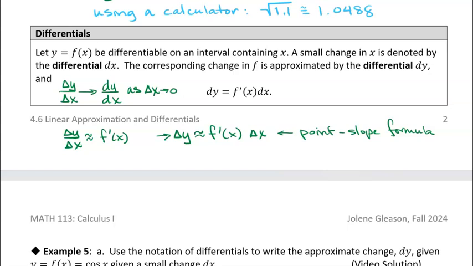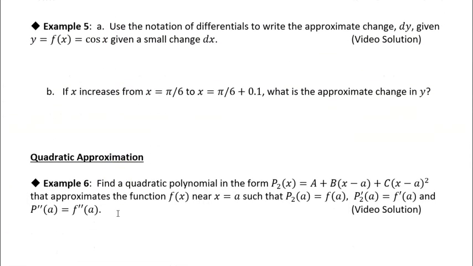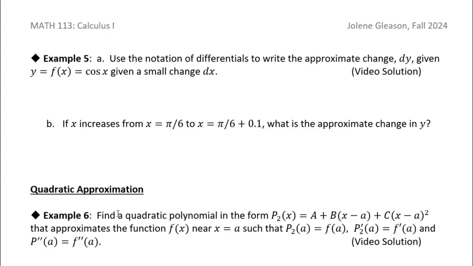All right, so let's take a look at example 5 here. It says use the notation of differentials to write the approximate change dy given y equals f of x, which is cosine of x, given a small change dx.